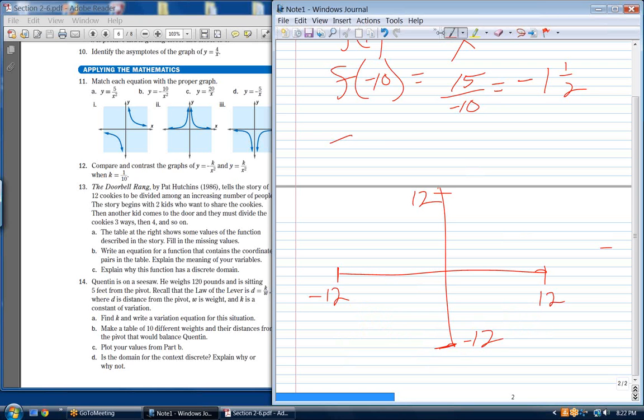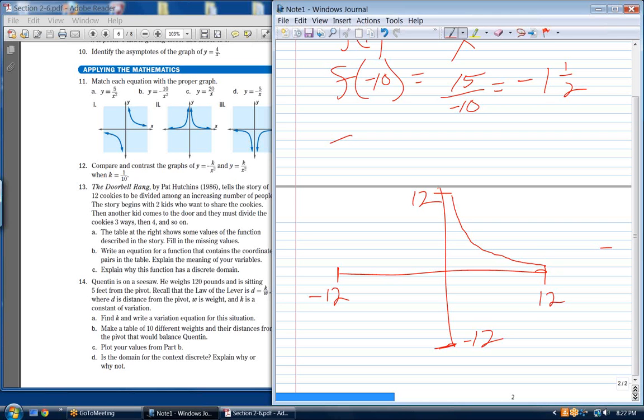It's a line which the function approaches but never reaches. In other words, if this was the graph, that is asymptotic with the y-axis, and it's also asymptotic with the x-axis. Meaning that as x goes to infinity, this thing gets closer and closer to 0, but it never touches 0.